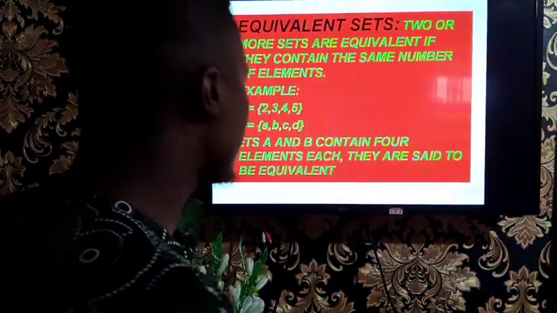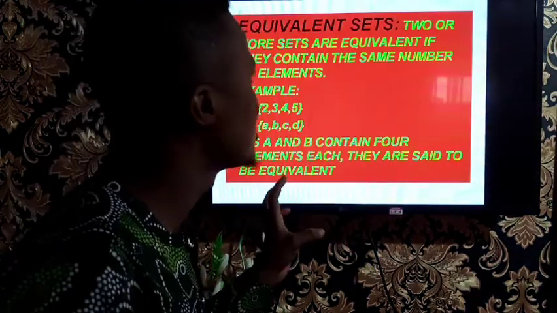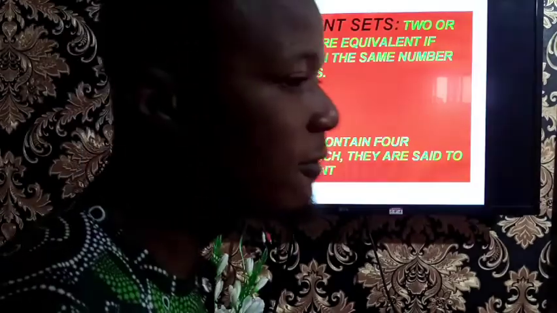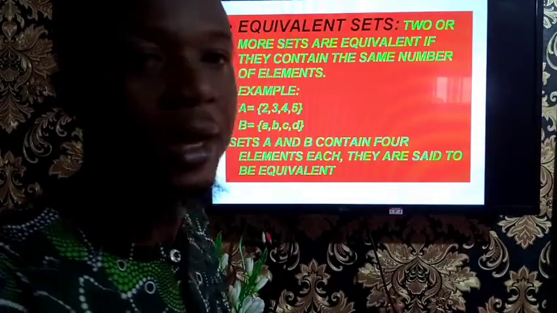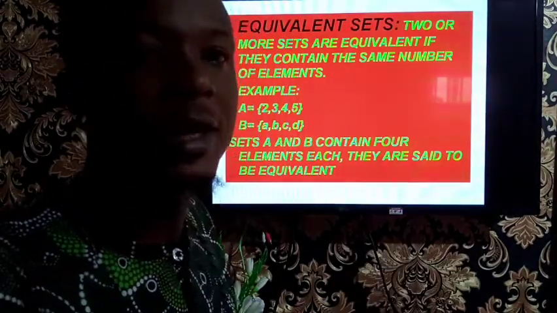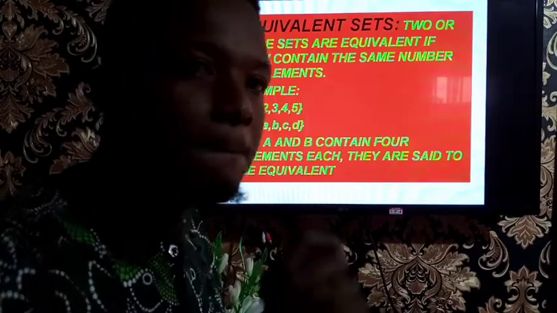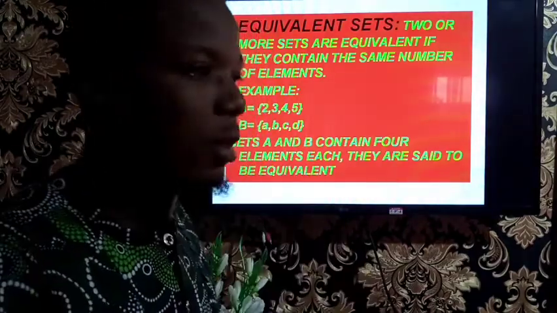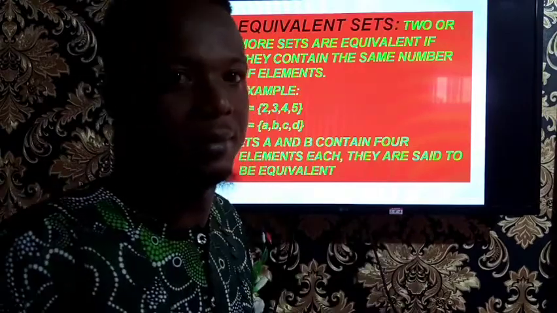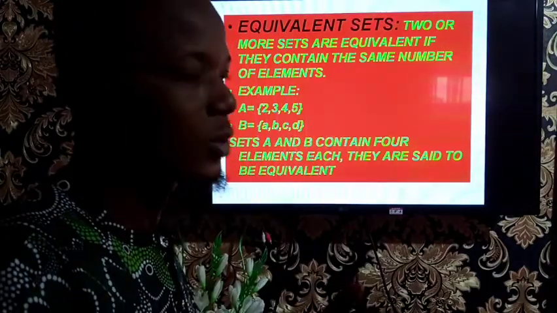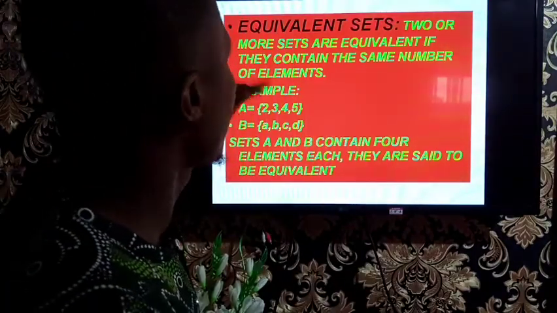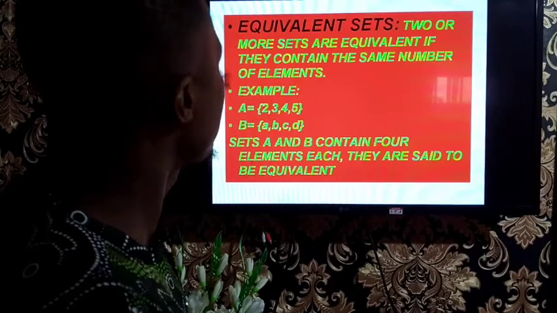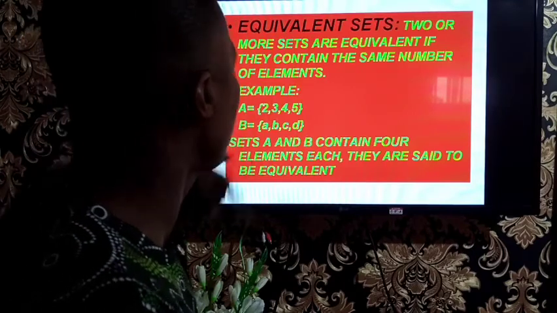We have another kind of set we call equivalent set. Students are most times confused between equal sets and equivalent sets. Equivalent sets contain the same number of elements, but equal sets contain the same elements. Two or more sets are said to be equivalent if they contain the same number of elements.